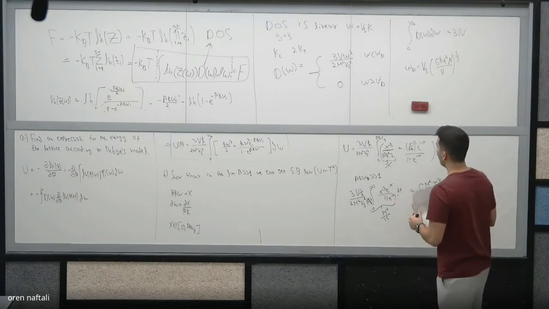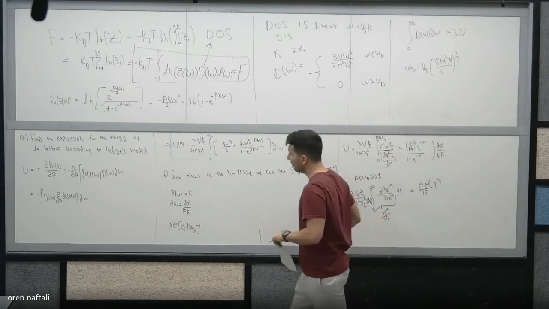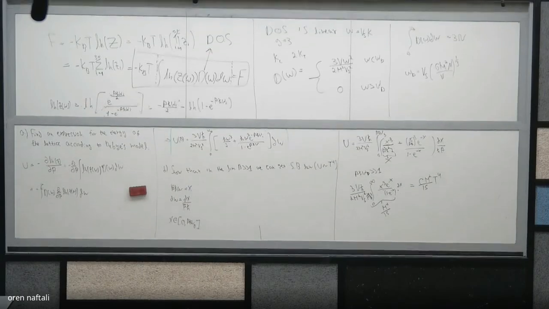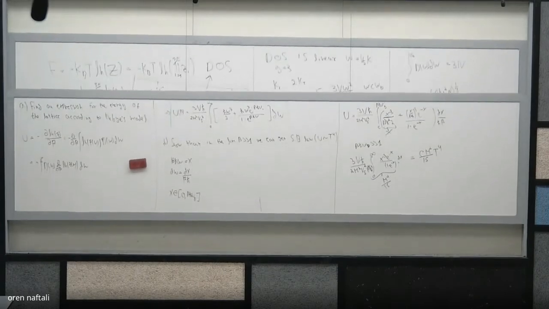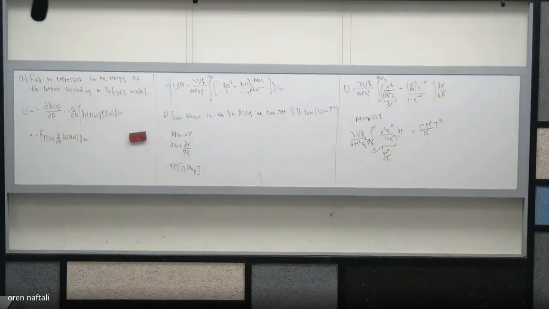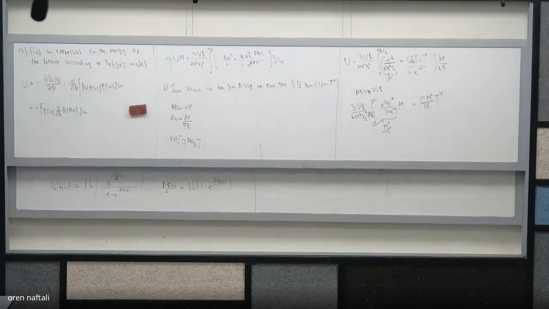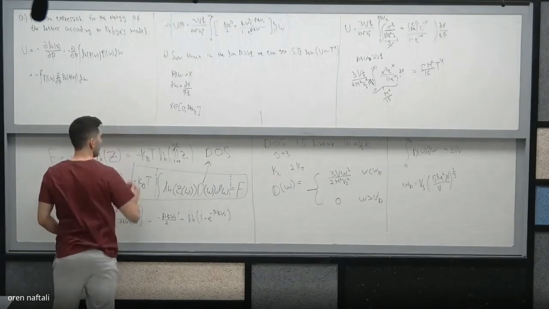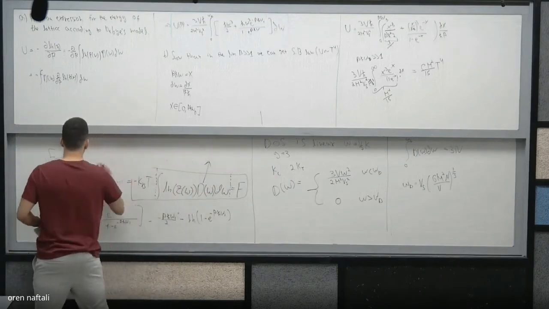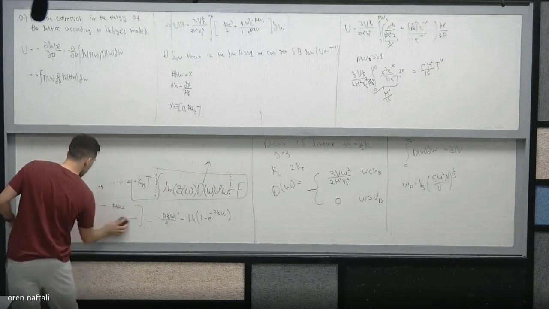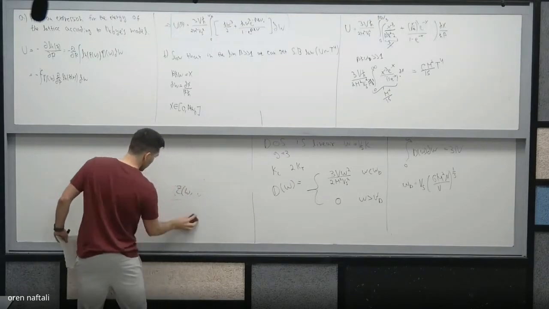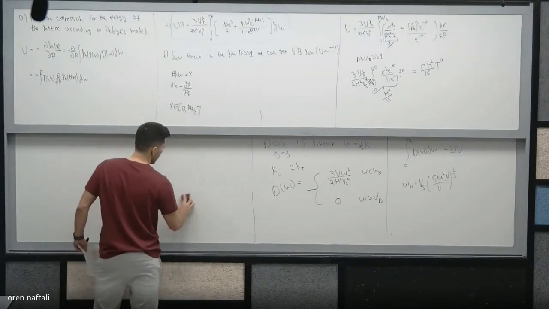Okay, and now we want to calculate the heat capacity. Why is the expression with beta to the 4th?